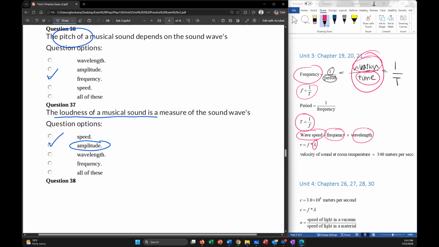What is the amplitude? If you create a wave, displacement over time or position doesn't matter, and this is your wave, the distance from the crest to the midpoint, or from the trough to the midpoint, is called the amplitude.